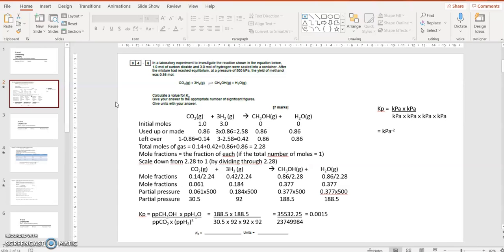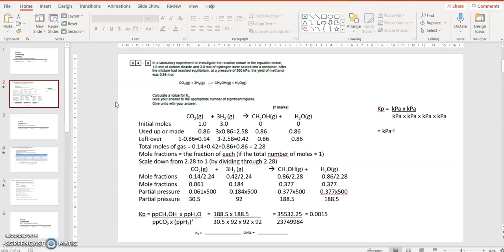Now, 1 mole of carbon dioxide reacts with 3 moles of hydrogen. So if I use up 0.86 moles of carbon dioxide, I must use up 3 times 0.86, which is 2.58 moles of hydrogen.